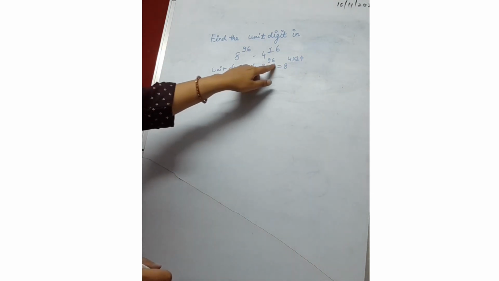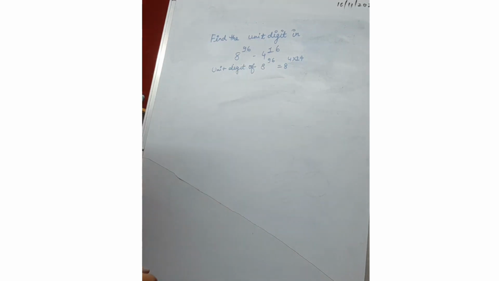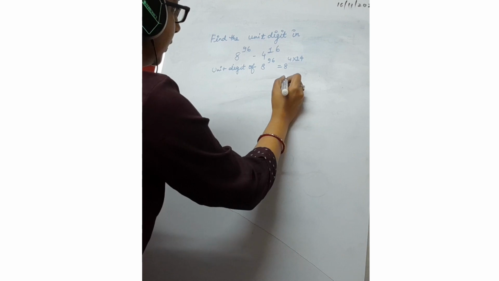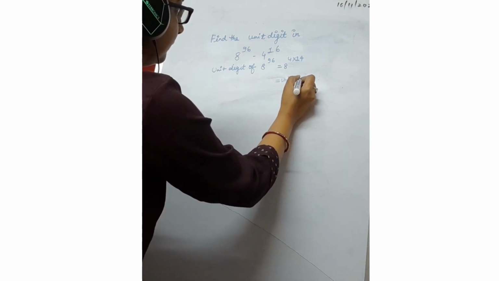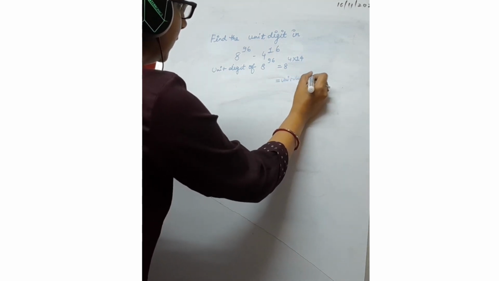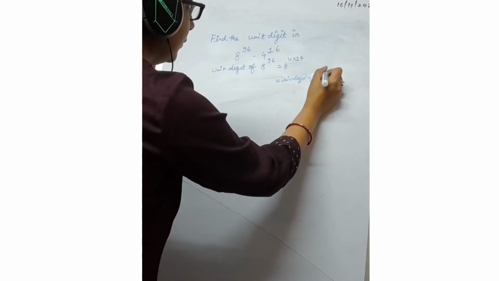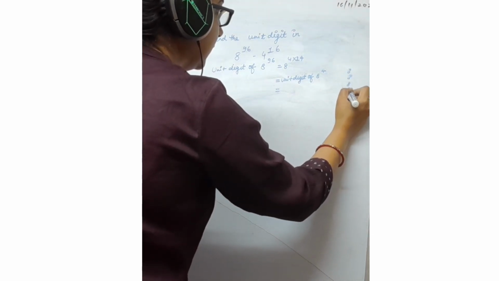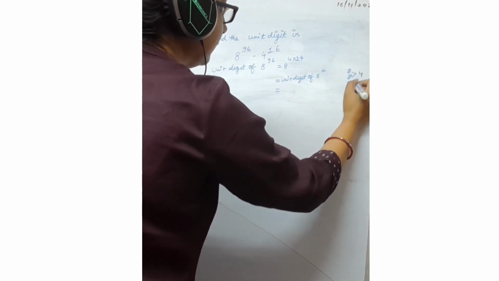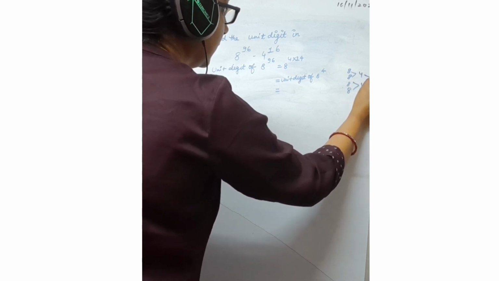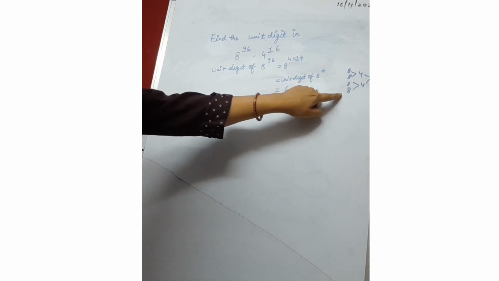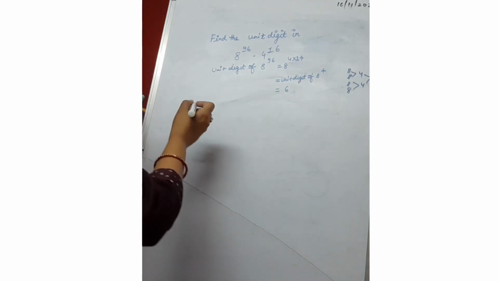So 96 is completely divisible by 4, and the remainder is 0 here. So we put the unit digit of 8 to the power 4. 8 times 8 times 8 times 8 is 64, then 6. The unit digit of 8 to the power 4 is 6.